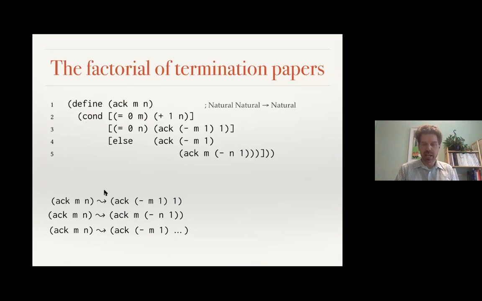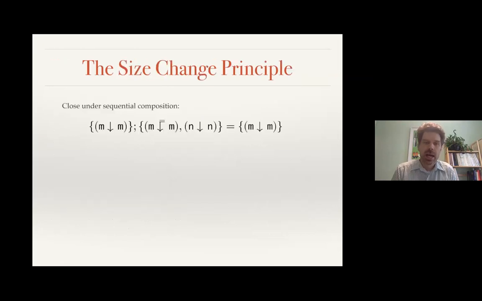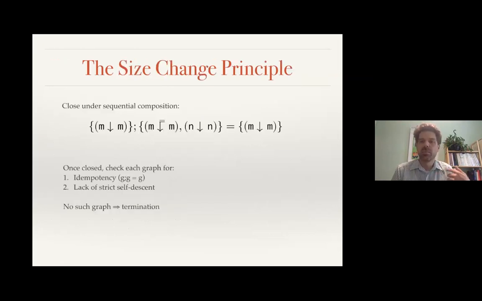So I've got these edges between calls to the Ackermann function that appear statically in this program, and you annotate them with some information about how the arguments change in size. You don't need to know the details here, but you take those annotations and you form a graph out of it, and you check this graph for some properties.